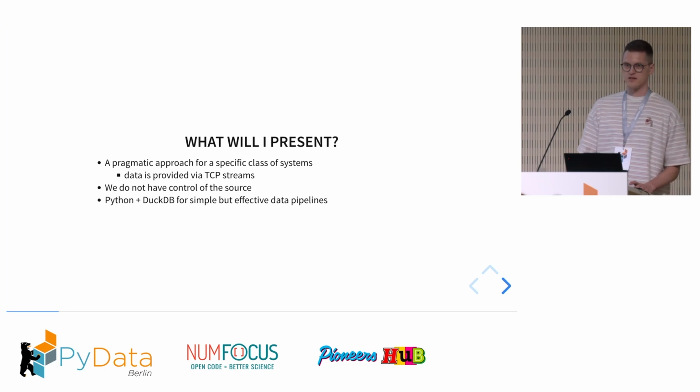And unless you want to hack the firmware or the supplier of the machine changes the software for you, you do not have control over what's happening there. And we will use Python and DuckDB for simple but effective pipelines that I have used before in production that work quite well.